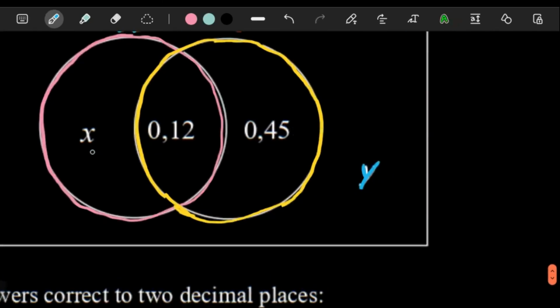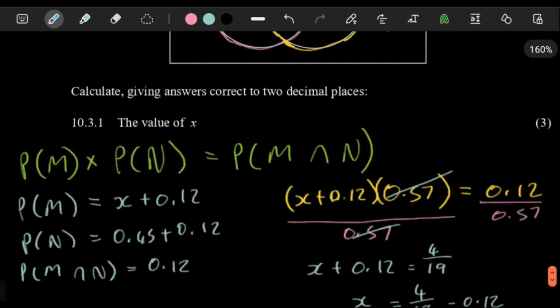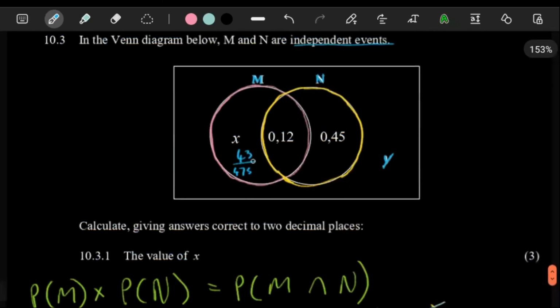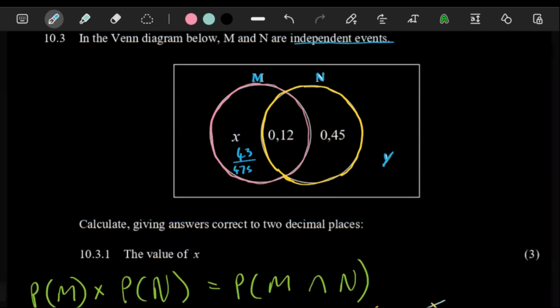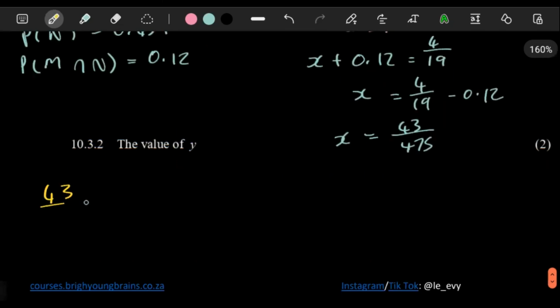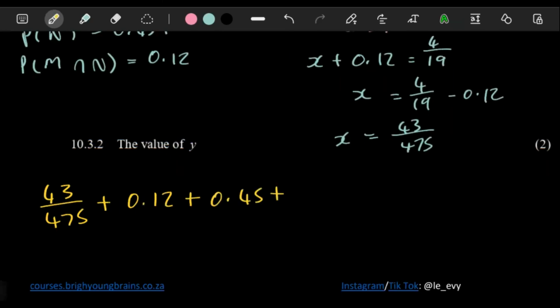So here we said x was 43 over 475. That goes there, this goes here, this goes here, and this is y. Everything should add up to 1, because in probability everything adds up to 1. So 43 over 475 plus the 0.12 plus the 0.45 plus y should give us 1.